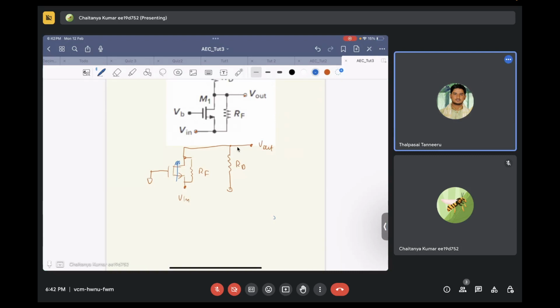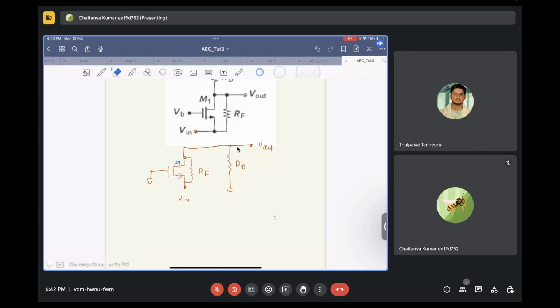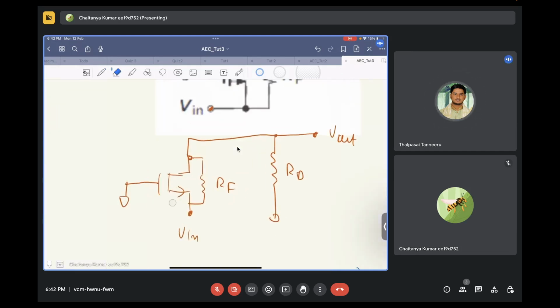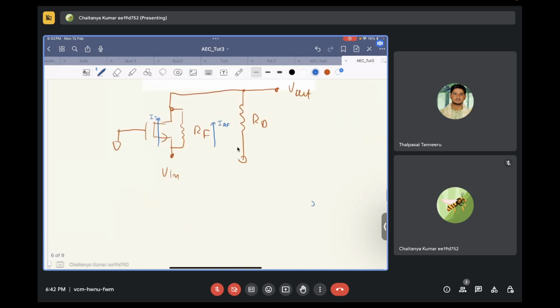Okay, let's divide the current that will go in two directions. There will be some current going into the transistor, let's call it IT, and some current going into the RF resistor. Let's call this IRF.